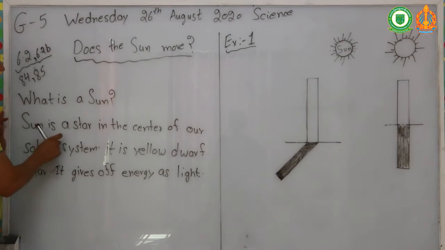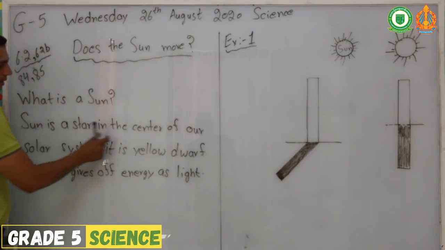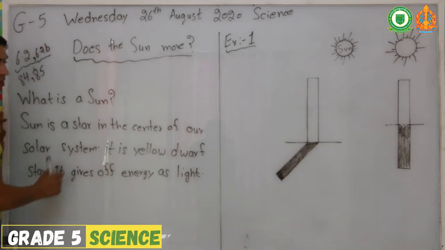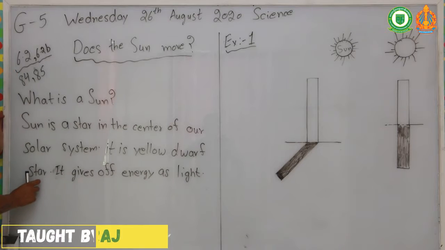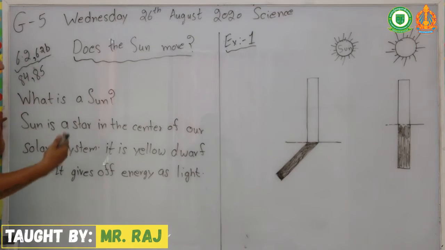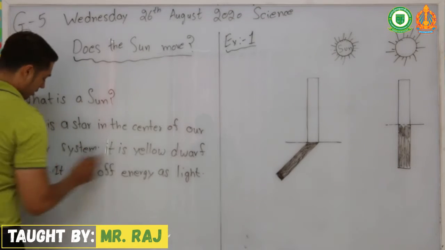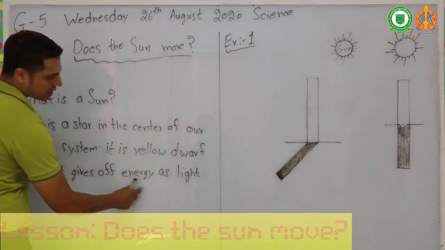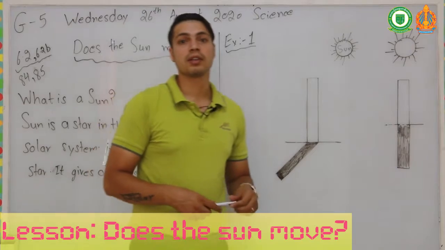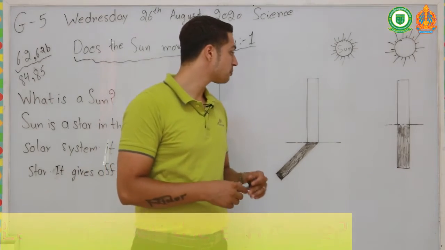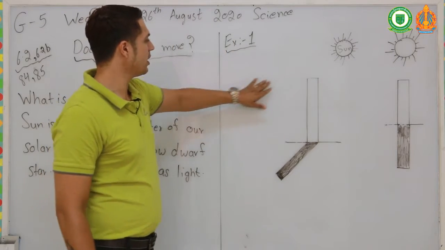It is a big star, a yellow dwarf star. It gives off energy as light, and we get sunlight from the sun. Now have a look here.